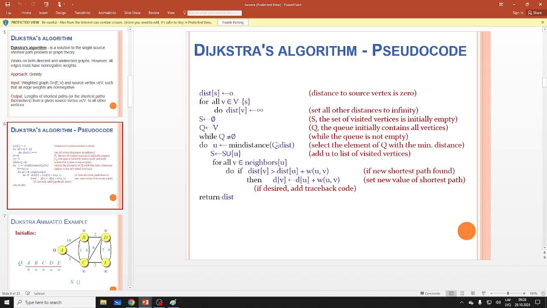And if you think about it, in the beginning all the other cities are infinite, and the beginning city has a cost of 0. So obviously this will find your original city, because 0 is the minimum. And you have your starting point.